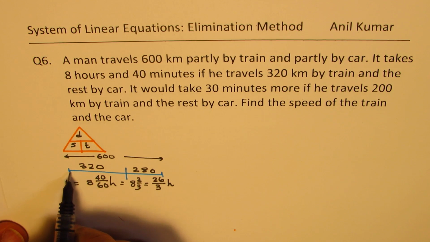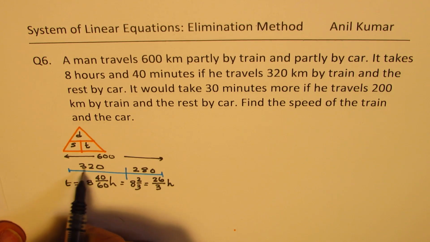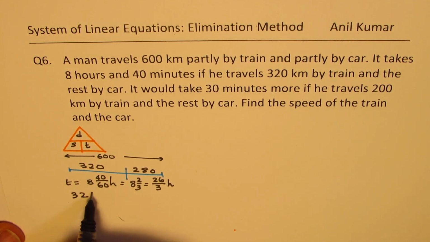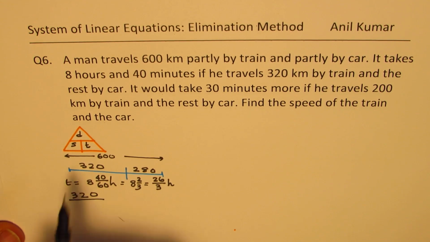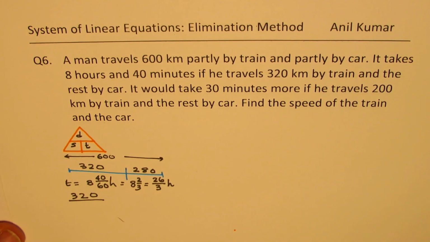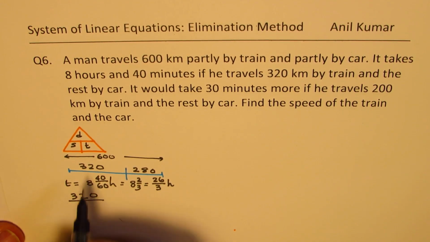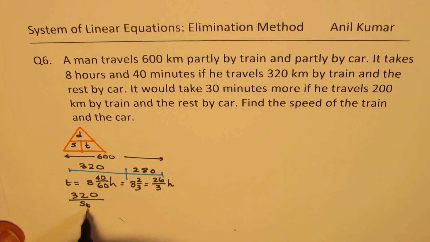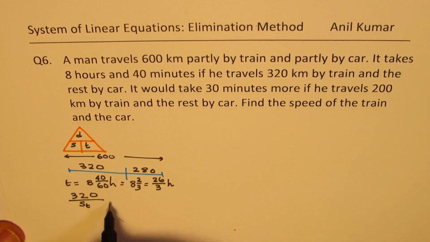The time for 320 kilometers should be, distance is 320, divided by the speed of train. So let me call the speed of train S of t, speed of train. Is that clear to you?